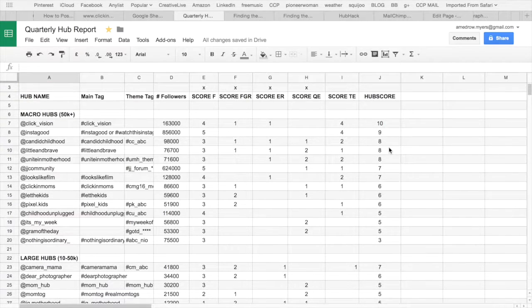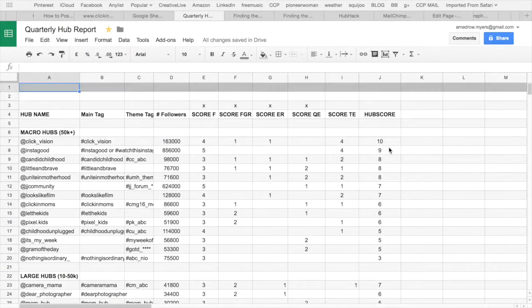And you can see this spreadsheet is in order. It's important, very important. Please don't miss this, and I'm going to emphasize this as well when I post this, and anytime you guys see this, I'm going to emphasize this. You definitely want to take the score, the total hub score, and keep it relative to the size of the hub.